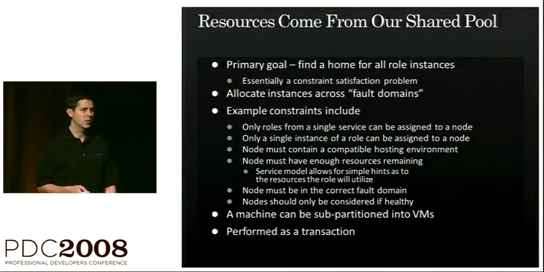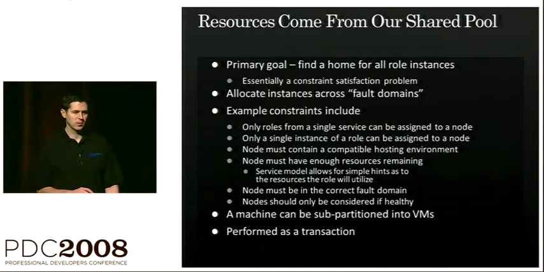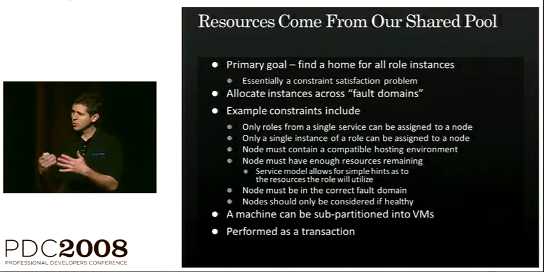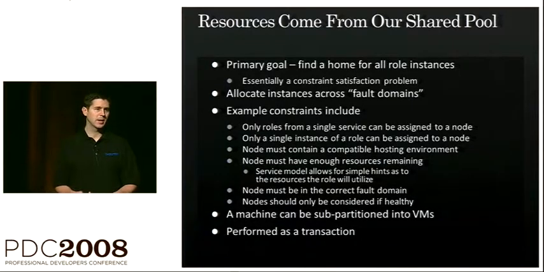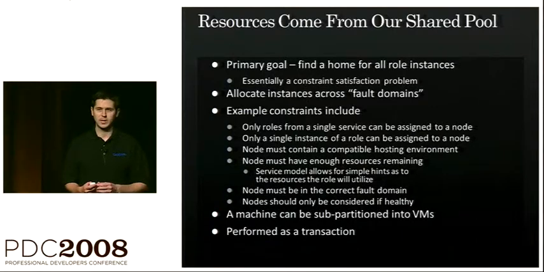So what goes into finding the resources for your service to run in? At the end of the day, this is basically just each role instance described on your model, we need to find a node to run it on, right? This is essentially a big constraint satisfaction problem. So we'll take the various nodes. Again, I described them both as graphs, right?